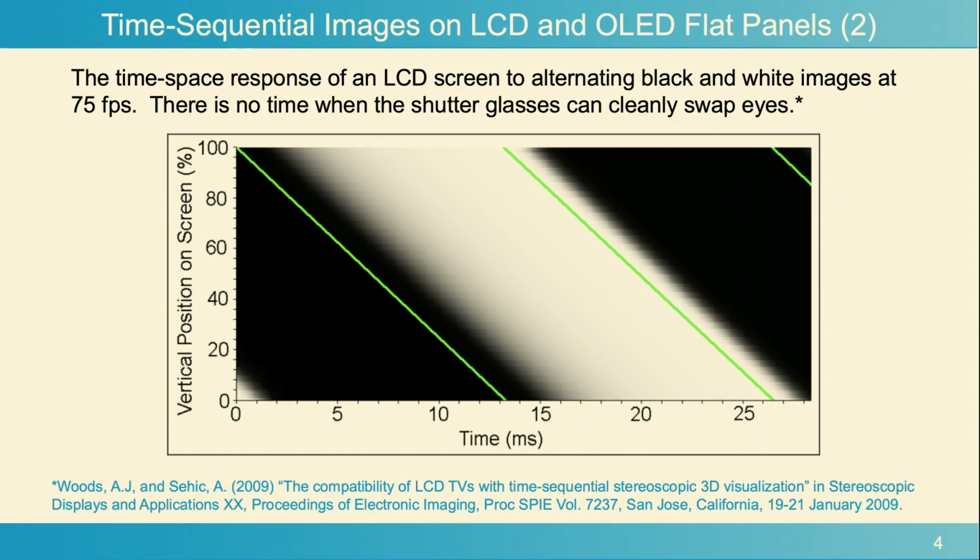At any vertical slice of time, for this LCD monitor running at 75 frames per second as an example, you never have a clean black or white image on the screen. So you've got to figure out a way of basically turning off the pixels and defeating the sample and hold.